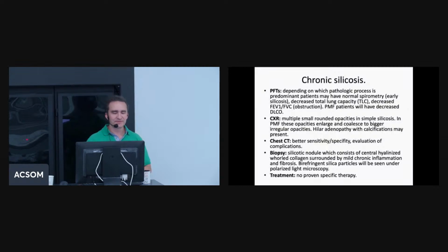If you use light microscopy, birefringent means the light going through the crystal goes into two different rays. So that's what it means by birefringent. And they use polarized light microscopy. Polarized means they put a filter and then the light wave is only on one surface. Okay. And again, unfortunately, there is no proven specific therapy for chronic silicosis.